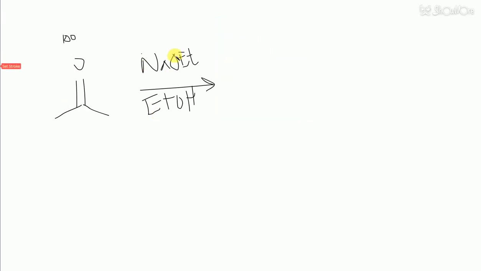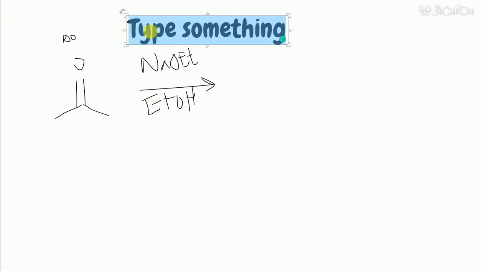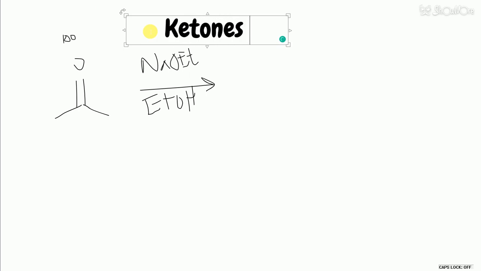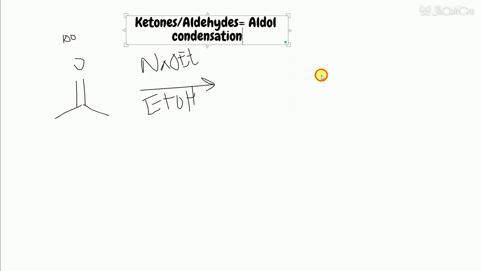So what you need to know is that whenever we do this, what will happen whenever we use ketones, aldehydes, esters, they're always going to self-attack themselves first, okay? And the reason for this is why we use this in the first place. So whenever we use ketones or aldehydes, this is called, right, so ketones, okay?